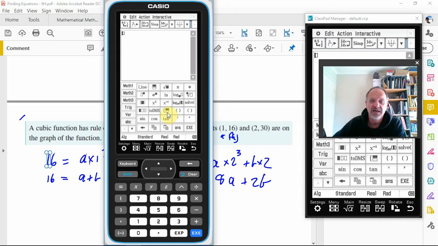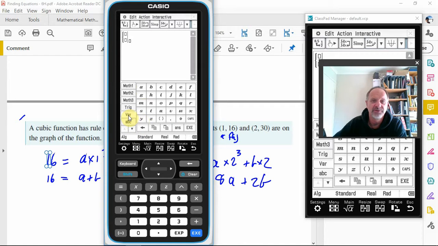This is the simultaneous equations solver template. So if you go into there, the first one is 16 equals a plus b. You can use a and b by going to the var if you want to do that.